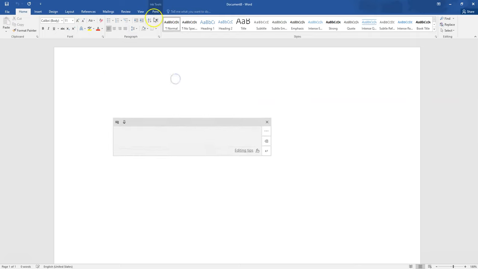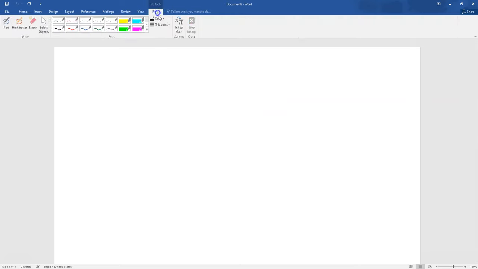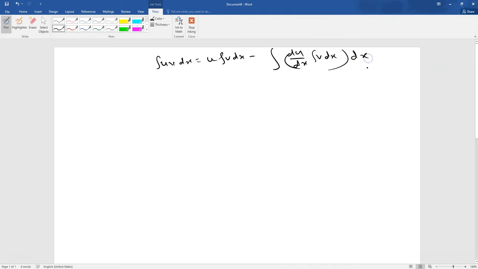You might know the integration of u into v dx: it is u times the integration of v dx, minus the integration of the derivative of u times the integration of v dx. This uses the LIATE rule, where L is logarithmic, I is inverse, A is algebraic, T is trigonometric, and E is exponential.